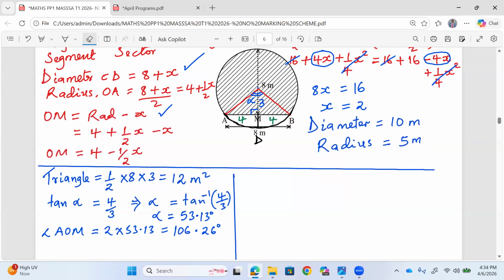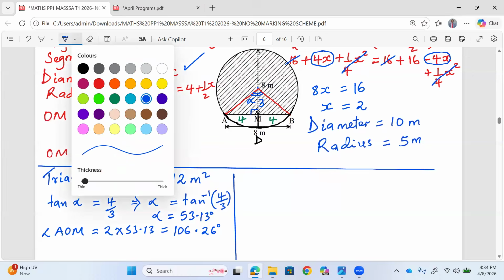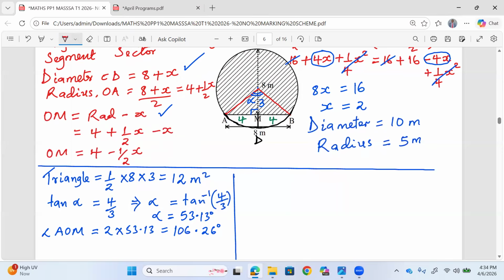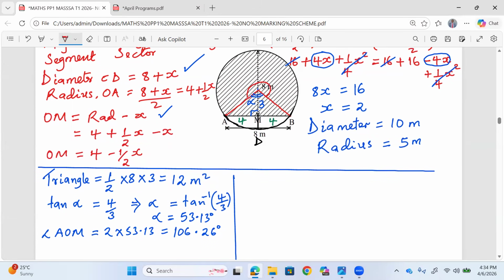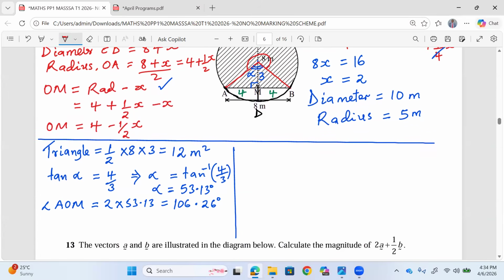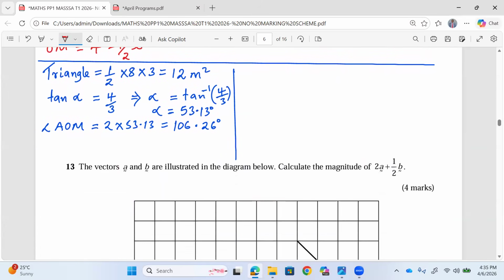I'm talking of the major sector, meaning that we are supposed to work with this angle, which is a reflex angle. So we need 360 minus the inner, obtuse angle that we have gotten. So 360 minus 106.26 gives us exactly 253.74.